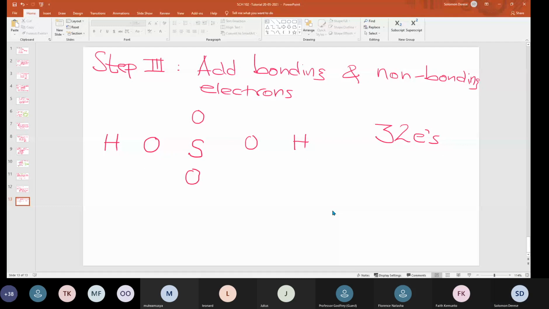So bonding and non-bonding electrons. First we form a bond. So we put a line between all the atoms, between hydrogen and oxygen, between this oxygen and sulfur, sulfur and oxygen, sulfur and oxygen, sulfur and oxygen, and hydrogen. That's what we do.